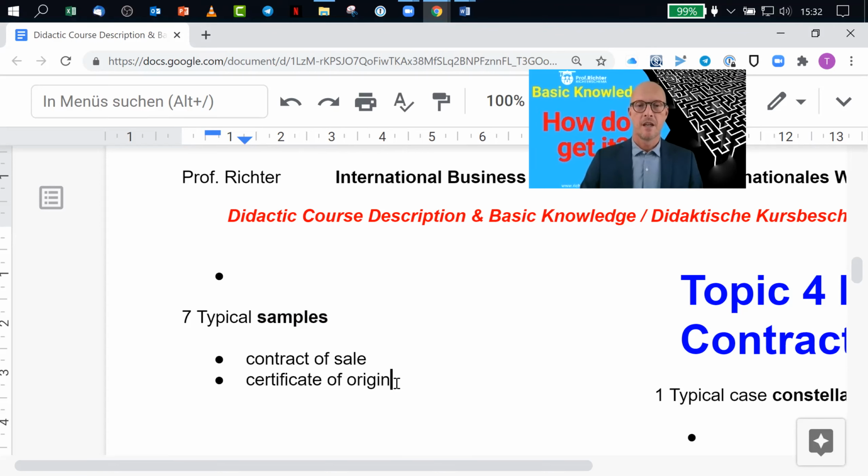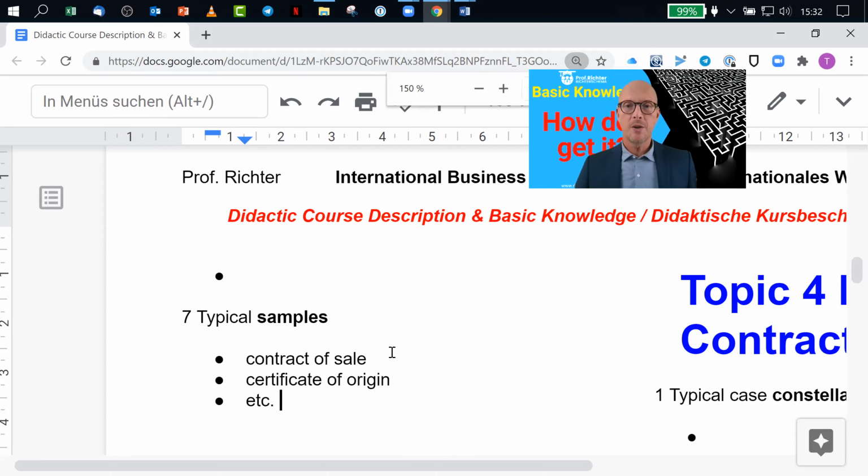And for example, in the case of Tarbert, one of the first cases, we had a problem with a certificate of origin. So these are typical samples that we have to discuss, and sometimes, in the real world, you then have to find out which regulations in the contract of sale are good for the defendant, or which clauses would be good for the plaintiff, right?